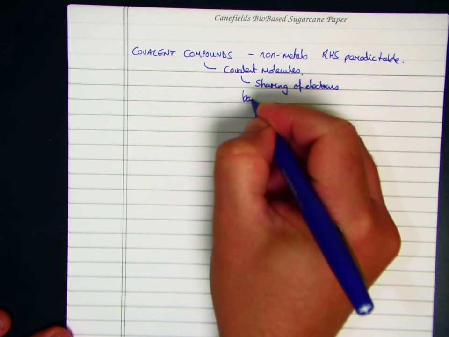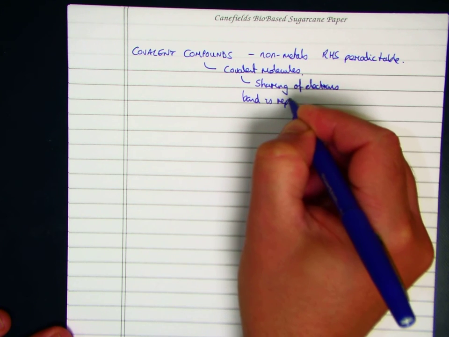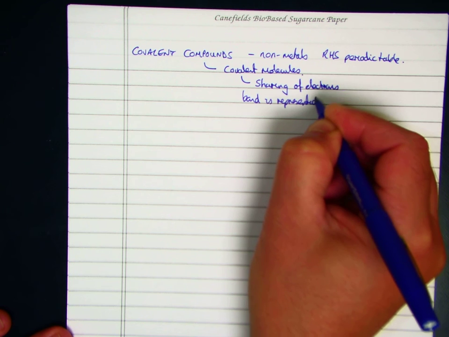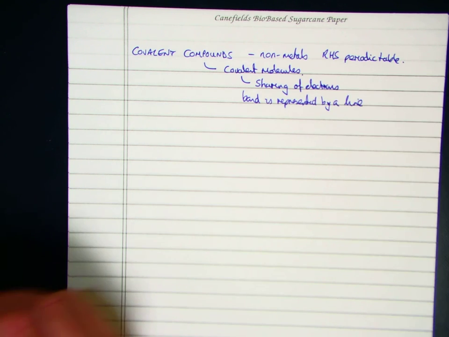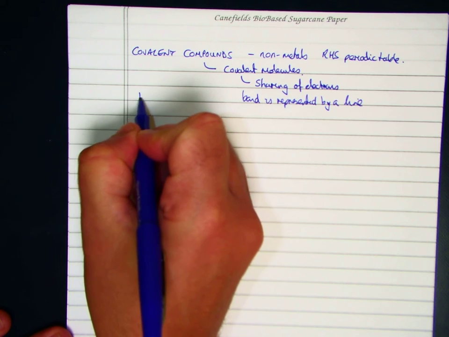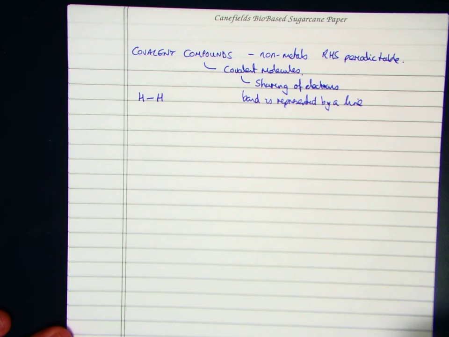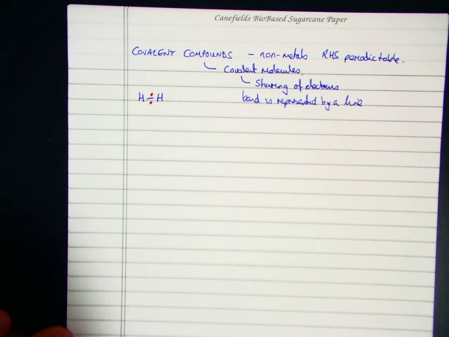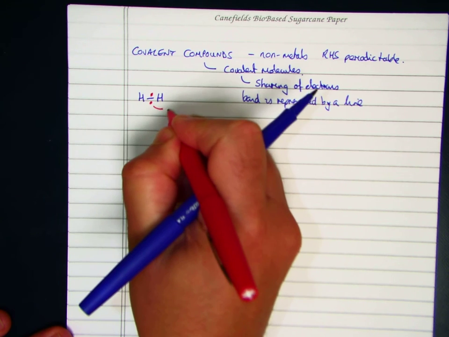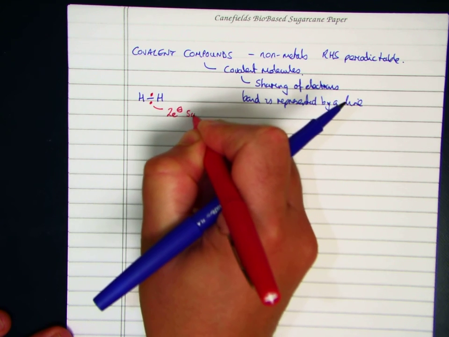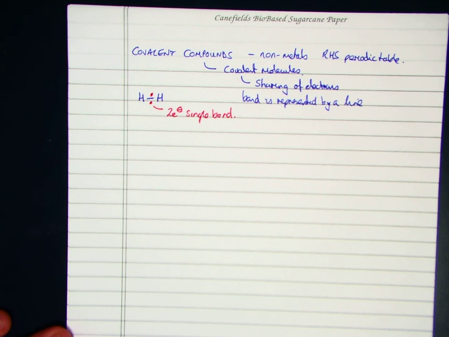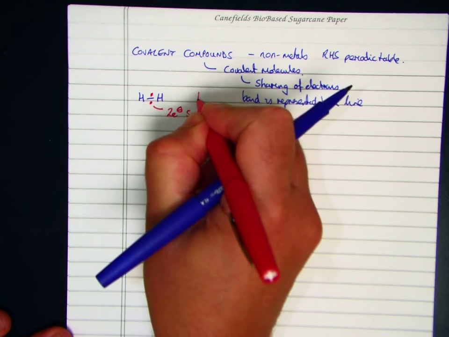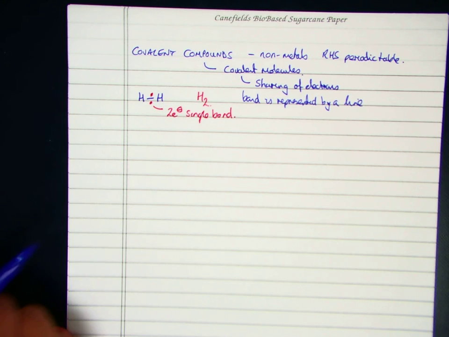and the bond is represented by a line. So if we take hydrogen, for example, we know that there are 2 electrons there, which is a single bond. So we have one of the diatomics, hydrogen.